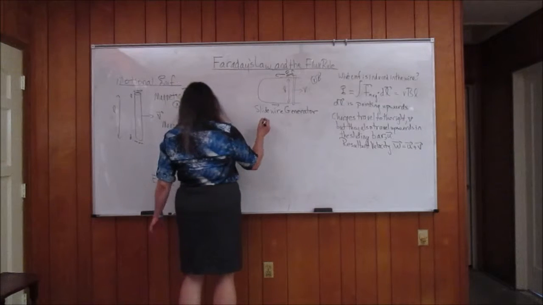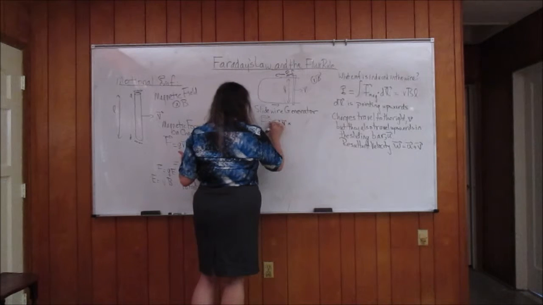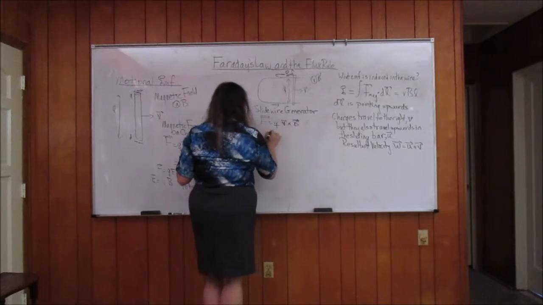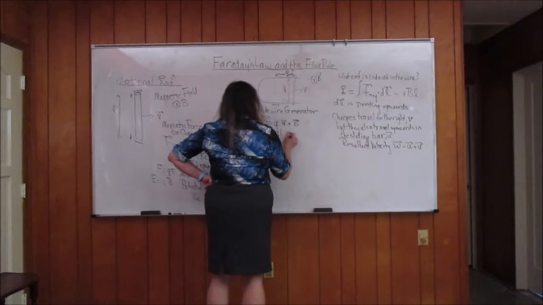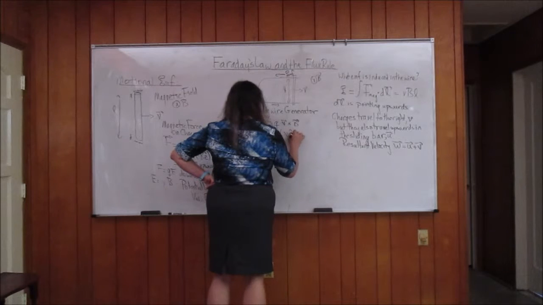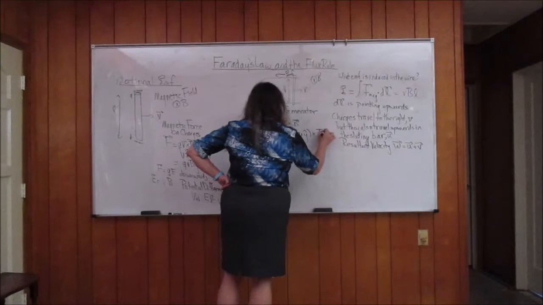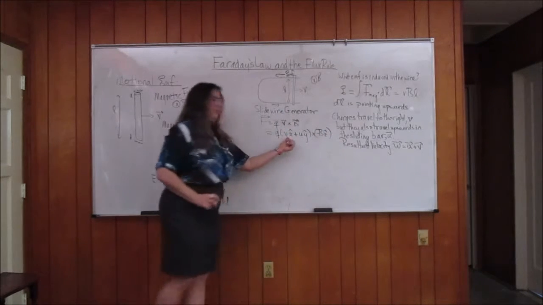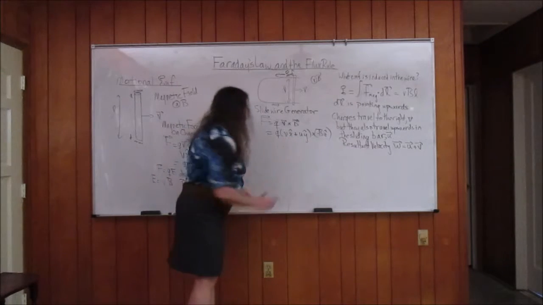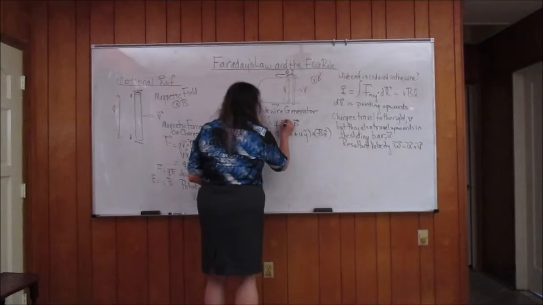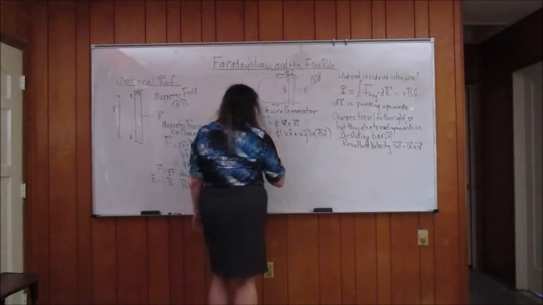So again, applying F is equal to QVB, that is going to equal v in the x direction plus u in the y direction. So that's the resultant velocity. And really, I should write this as w since we have two components here, cross minus Bz. So we multiply everything out.